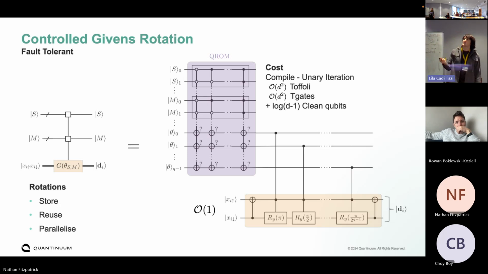And essentially, someone told me this is linear, but I don't trust them. I think it's quadratic. But what you do is you store, for each S and M, the theta as a binary incremented rotation. So you can see that we have a pi rotation, pi over 2 rotation, pi over 2 cubed to the minus 1 rotation.